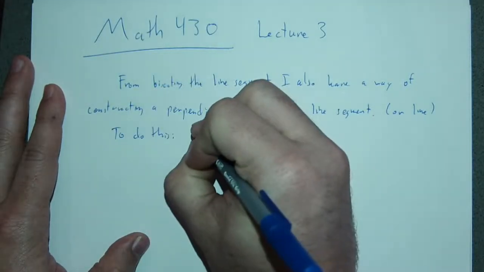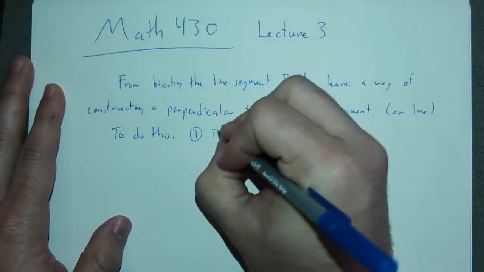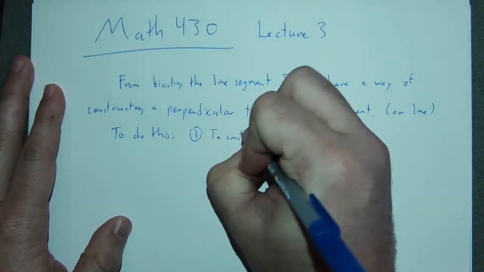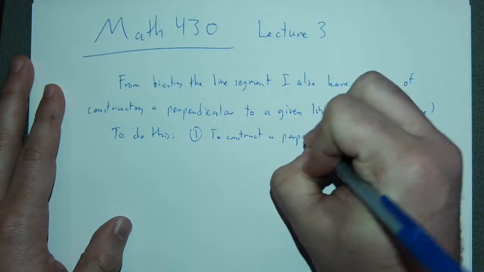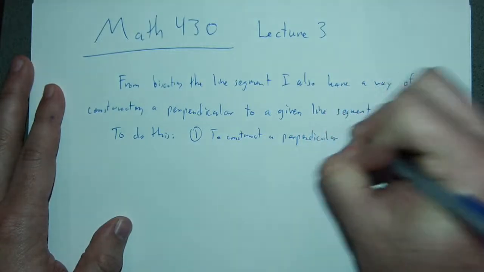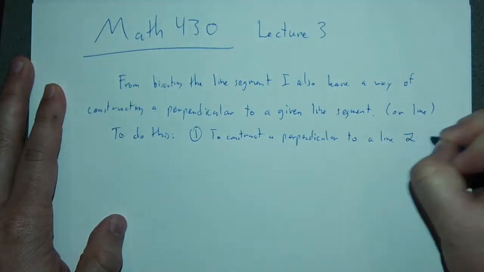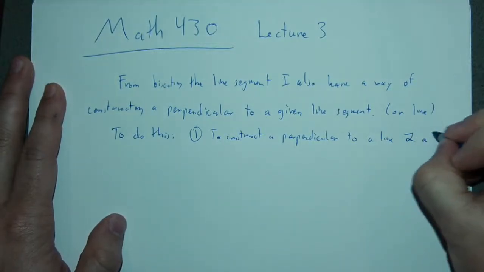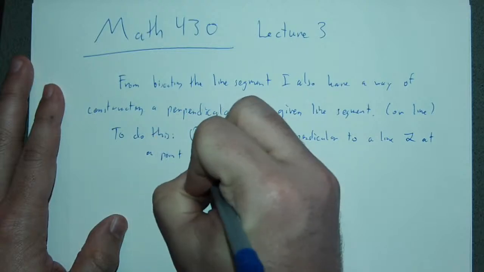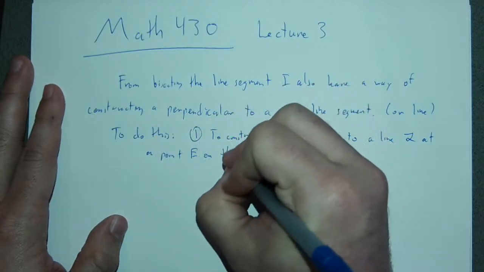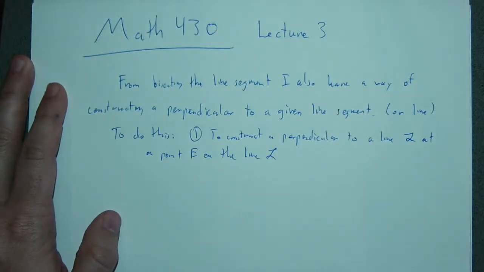So one, to construct a perpendicular to a line L at a point E on the line L. What do I do?